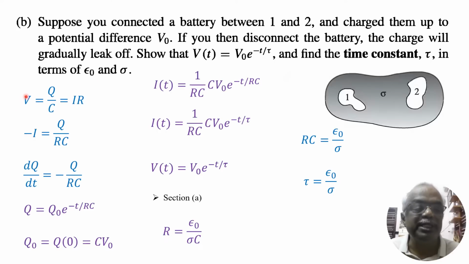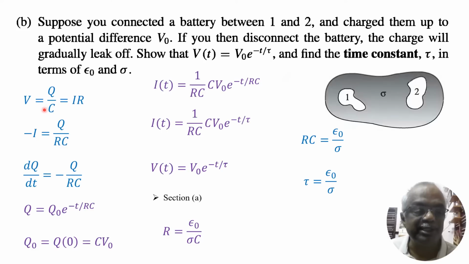Now you take V equal to, by definition, Q by C. With respect to resistance, it is equal to I into R. Now we are finding the leakage, that is, current will decrease. So I have used a negative sign and brought this R to the left-hand side. So this will become minus I equals Q over RC.